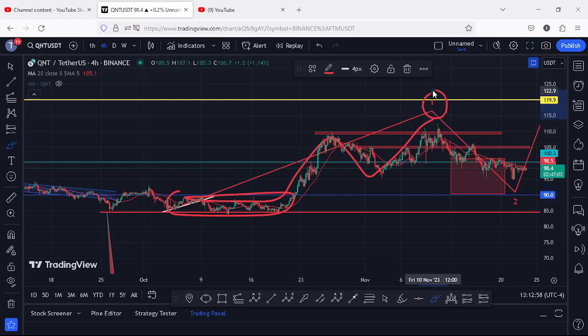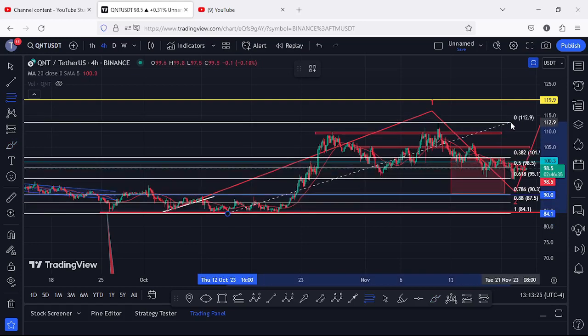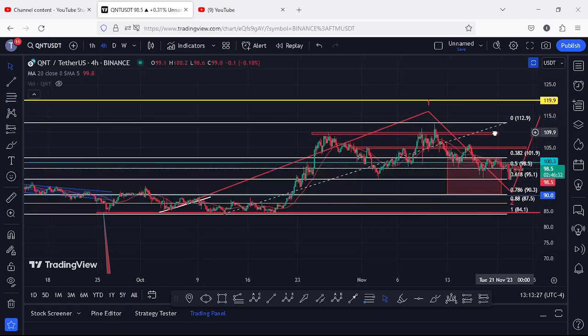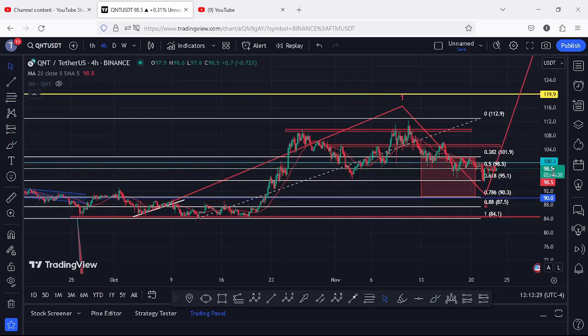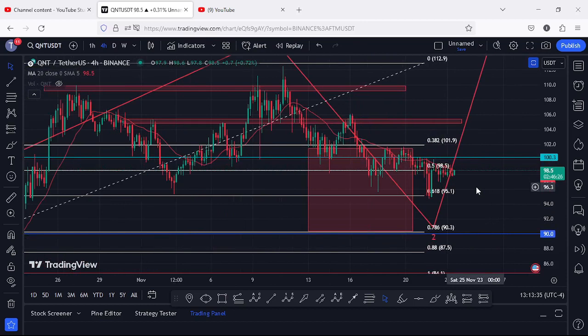And after seeing the formation of that first wave, what we expected next was a corrective structure in the formation of this wave 2, and the minimum pullback target areas for the second wave I have highlighted on the charts using this red target area, which is an area that we came up with using the Fibonacci, connecting the fibs from the low of the first wave to the high of that wave 1, giving me a minimum pullback target area between the fib level 0.382 and the fib level 0.786.